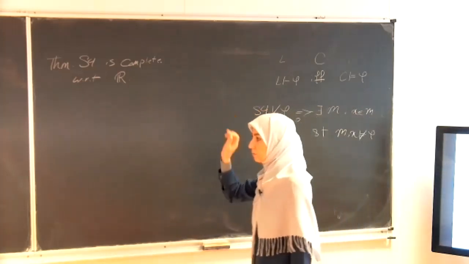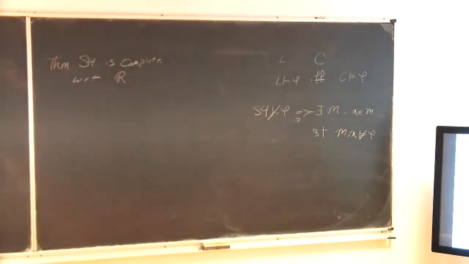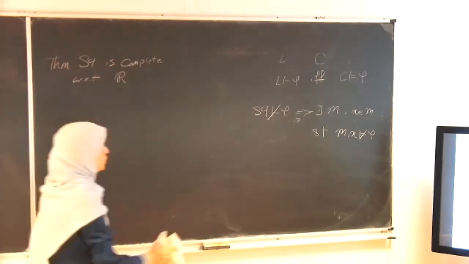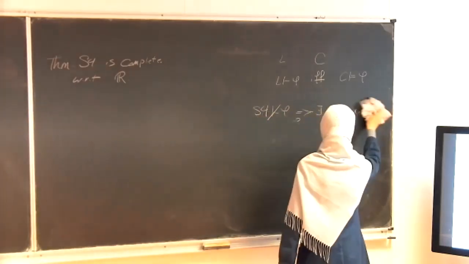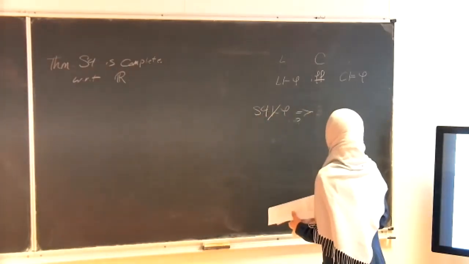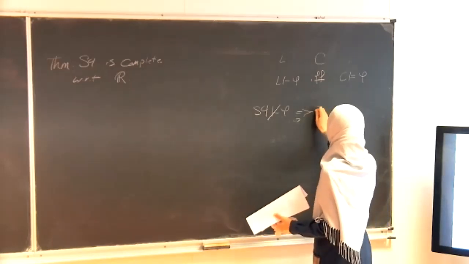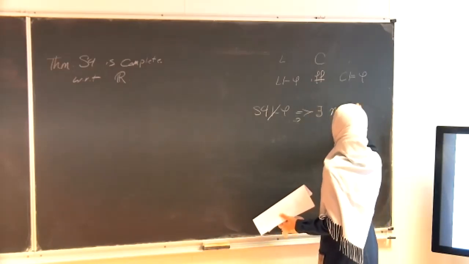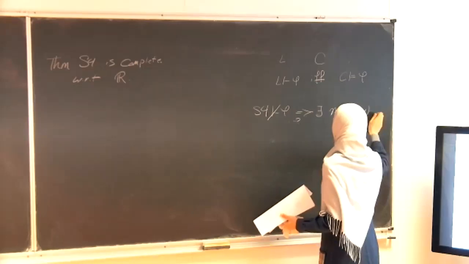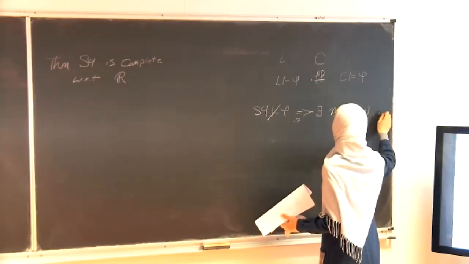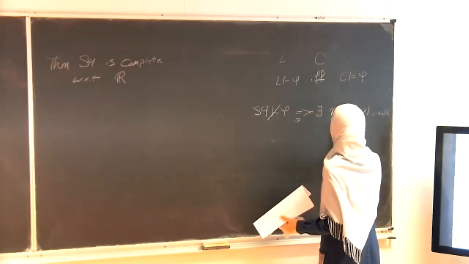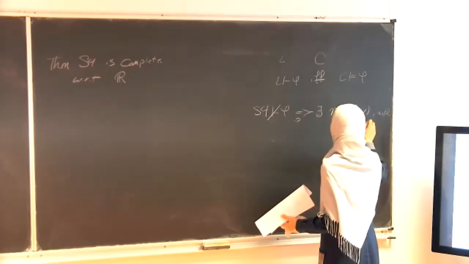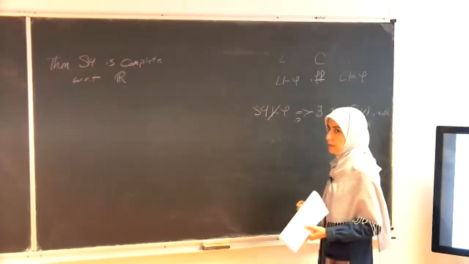And since we are going to prove the theorem for R, we have to show that there is a valuation on R and at least one point in R such that phi is false at that point.